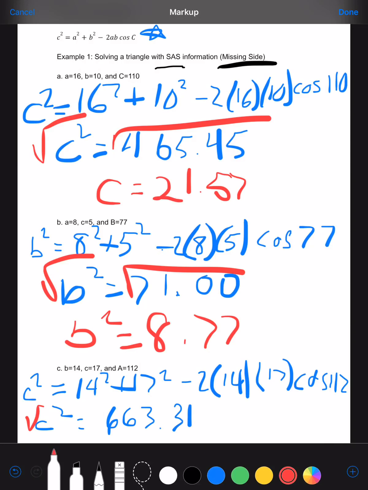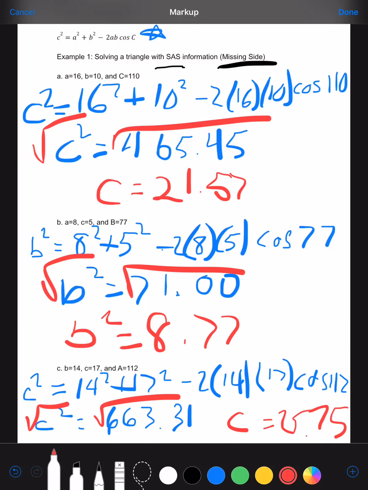We're going to square root both sides. So second, x squared, 663.31. And our answer is going to be 25.75. That's okay. We're just going to rewrite that 5.